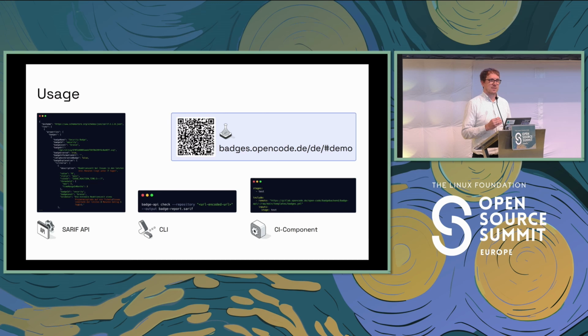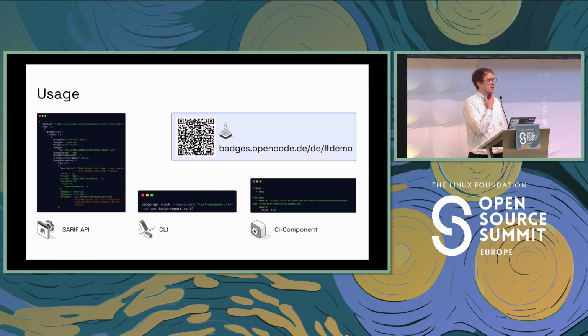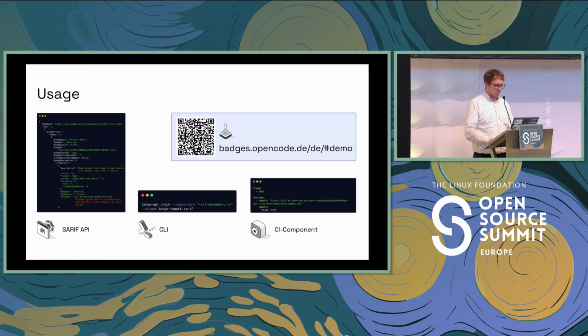So there are many possibilities to use it. You can use the QR code, and there's a web page where you can throw in a GitLab repository, and then you get a detailed developer report for the state of this specific project.